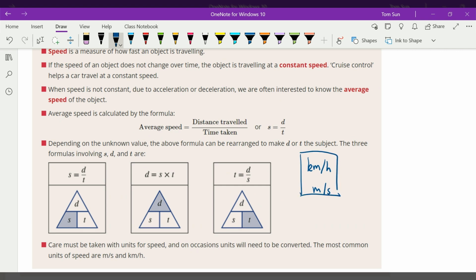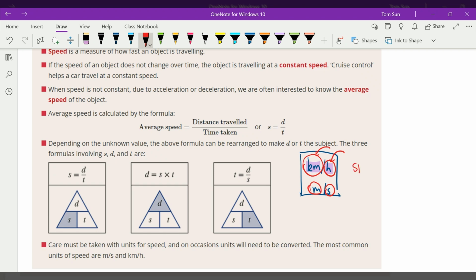After our rates unit a couple of lessons ago, you may have noticed that these are two units being compared: a unit of distance and a unit of time.